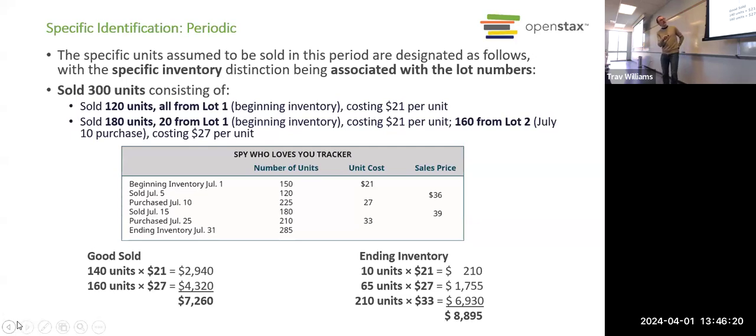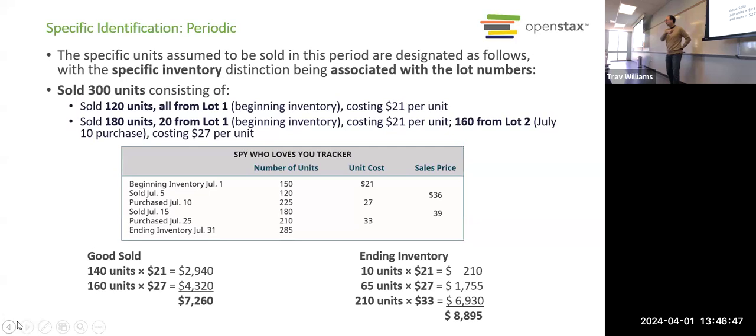So we sold 160 out of lot two, and there were 225, right? So 225 minus the 160 we sold gives us 65 left over. Those cost $27 each. Did we sell anything out of lot three? No. So lot three had 210 units at $33 each.